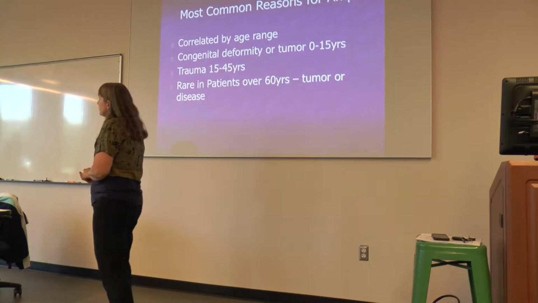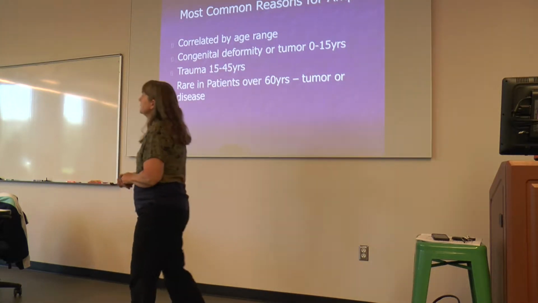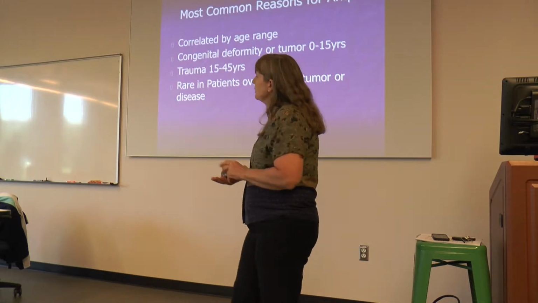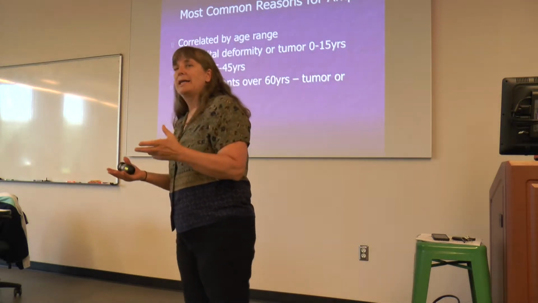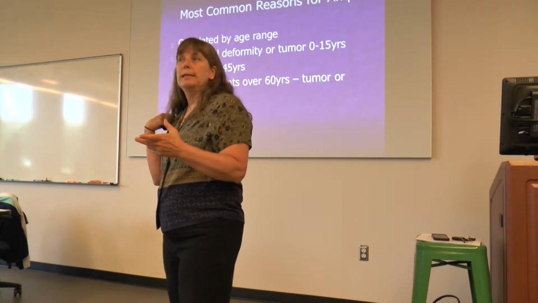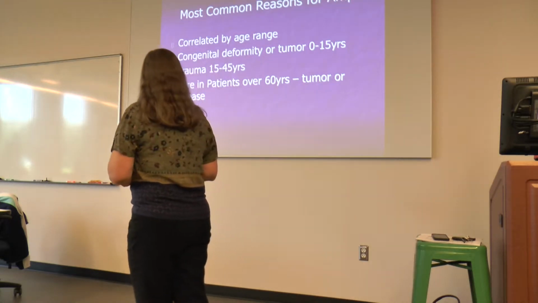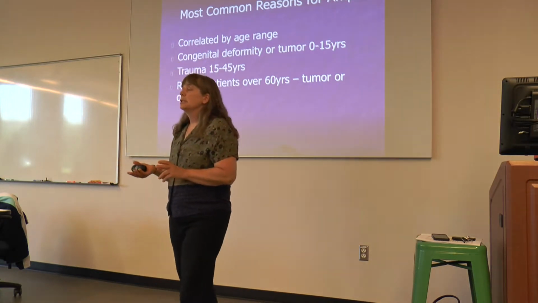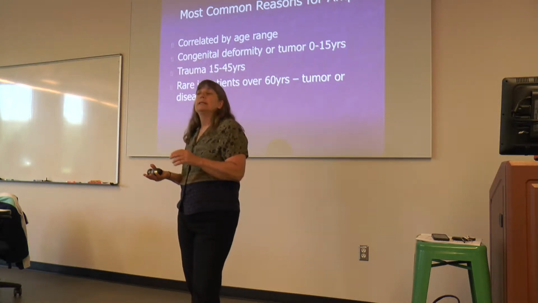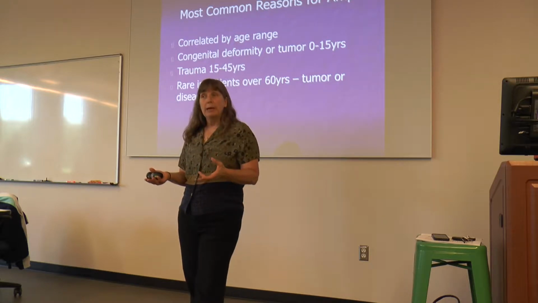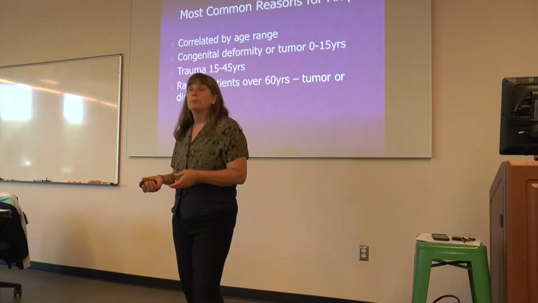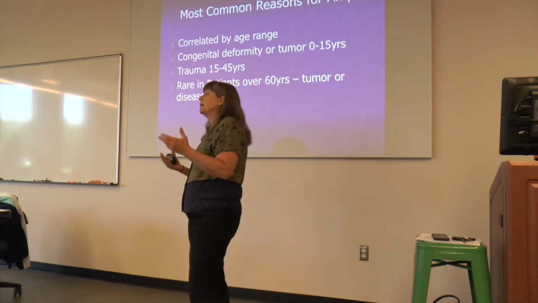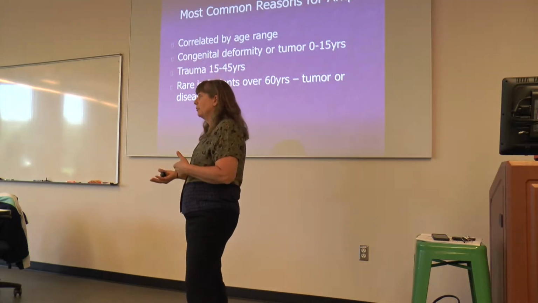All right. The most common reason for amputation, you see obviously you got the same age bracket that you have in the lower extremity amputations. Congenital or tumor. Congenital, remember, just like in the lower extremity, falls in children born without hands or parts of their upper extremities, and deformities that were to the level that they amputated because it makes the upper extremity more functional.